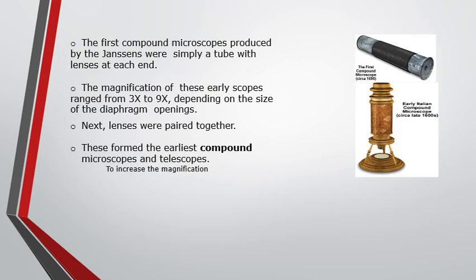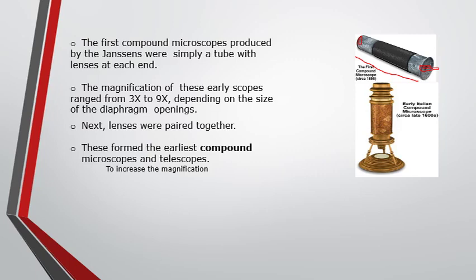So here we have the images. The first microscope, that by Janssen, was simply a tube with lenses at each end, one from this side and one from this side.